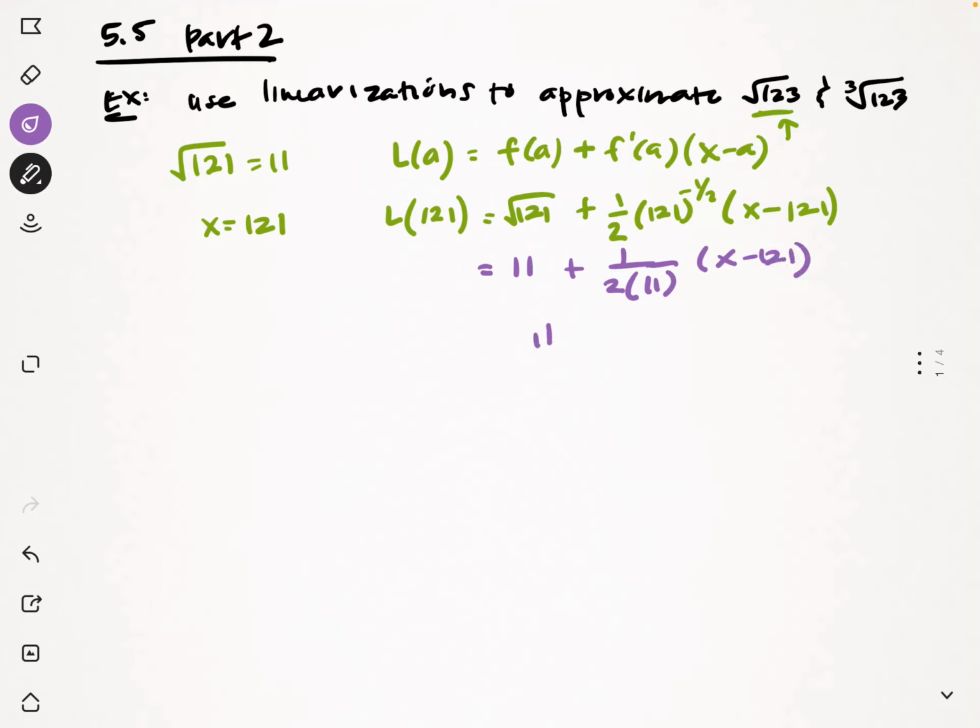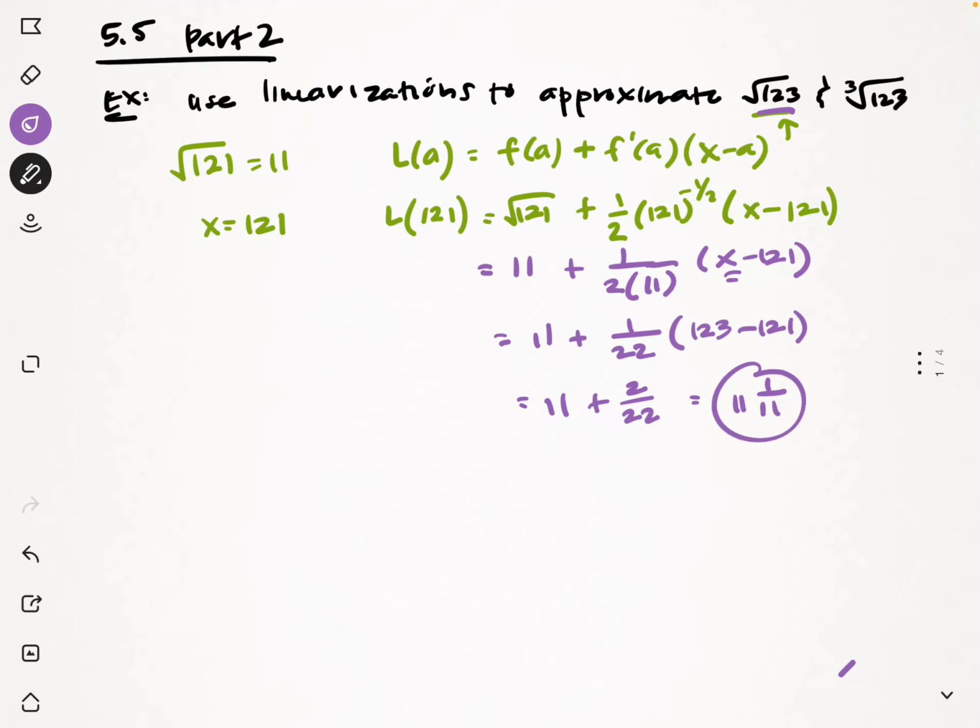So we have 11 plus 1 over 22 times, and now we can put in the x, which is our actual value here, 123. 123 minus 121 is going to be 2, so we have 2 22nds, which simplifies to 1 11th. So this is our approximation.